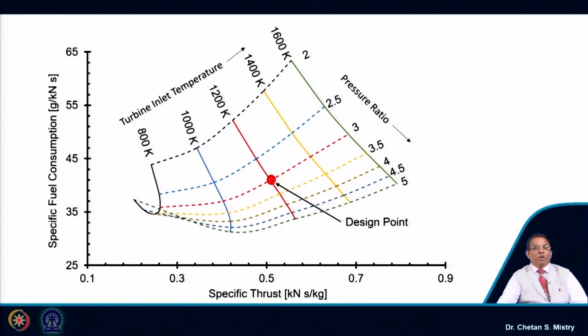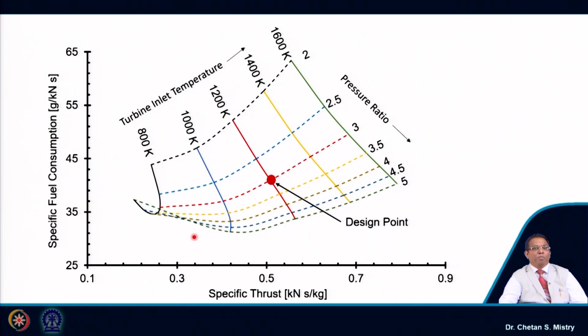So, here if we look, suppose I am looking for my specific thrust to be on the higher side. There are possibilities: maybe you can increase your turbine entry temperature, or you can increase your pressure ratio.